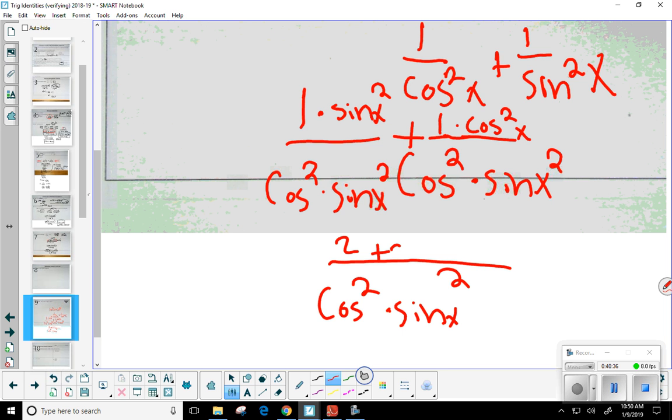Well, now be careful. Remember, in the first one, what's 1 times sine squared? Sine squared. So that's sine squared plus cosine squared. There you go.